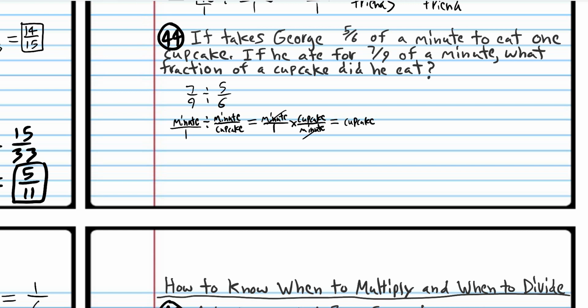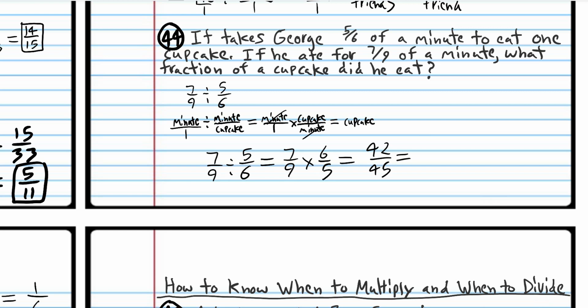So now we can go ahead and just do the math. So we know it's in the right order. It's not 5/6 divided by 7/9. It's 7/9 divided by 5/6. So go ahead and do the operation. Both of those can be divided by, actually I don't know if those can be divided by anything that we know. 42 is 6 times 7.